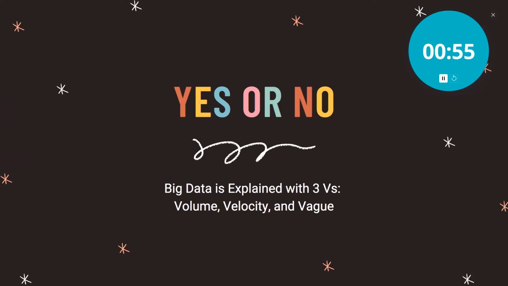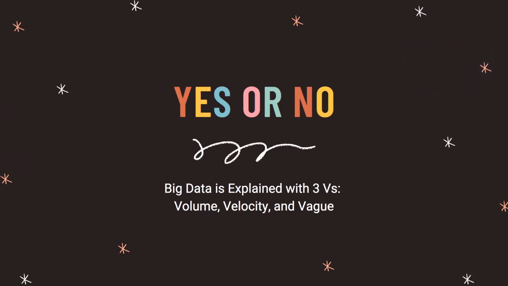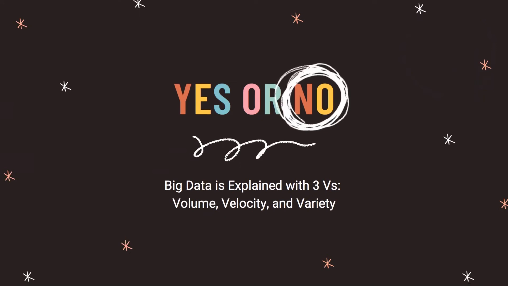The answer is no. It was actually volume, velocity, and variety. You have to have a large volume of data, and processing power to go through the big data, and a variety of data so you can have different parameters.